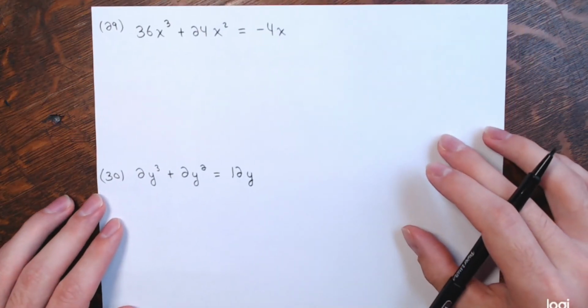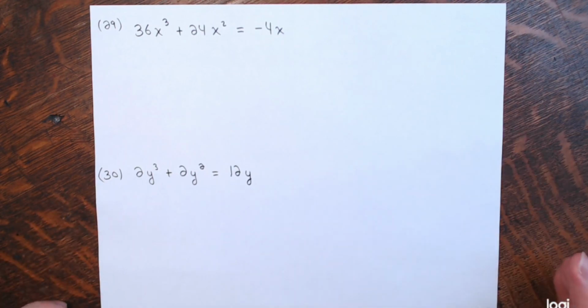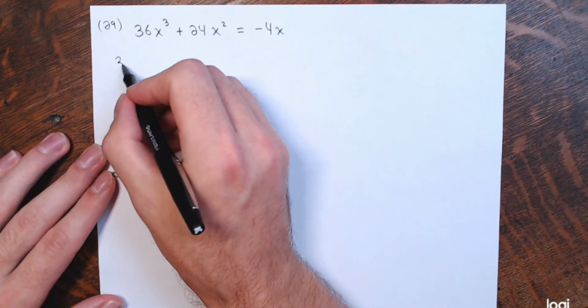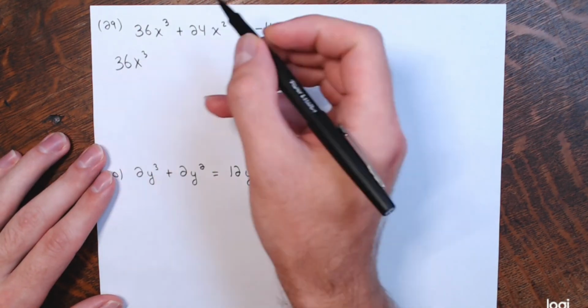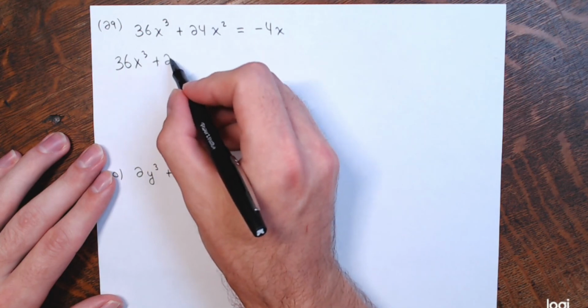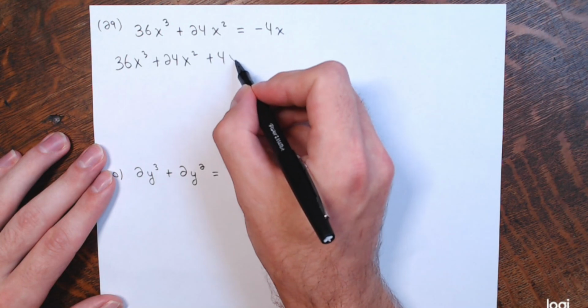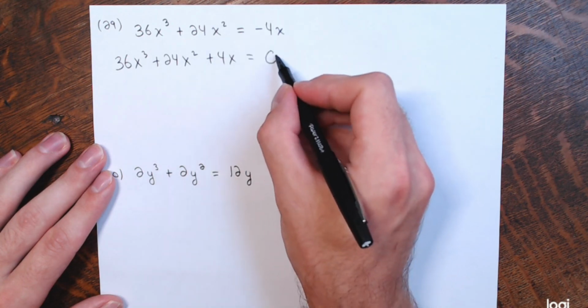All right, now finally to the last page, got exercises, examples, 29 and 30 here. These are the last two. All right, so same steps every single time. I'm going to take everything to one side. So here we got 36x cubed plus 24x squared, and then plus 4x, right, equals 0.